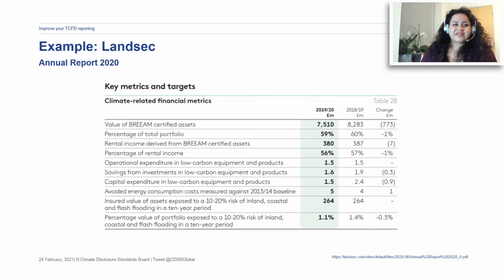Don't worry if this looks like too much to you at this point. Remember, these are incremental steps, and this is a way in which you're building up and improving your disclosure. But ultimately, we do look to see metrics that go beyond just your greenhouse gas data. Now, finally, the last stage that the TCFD talk about is disclosure on resilience.